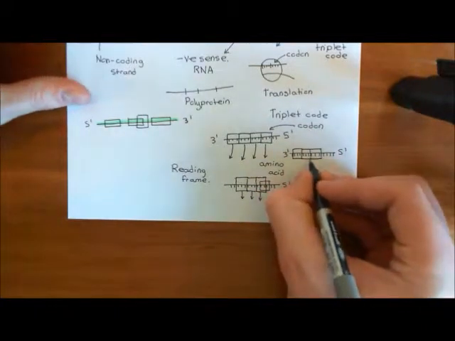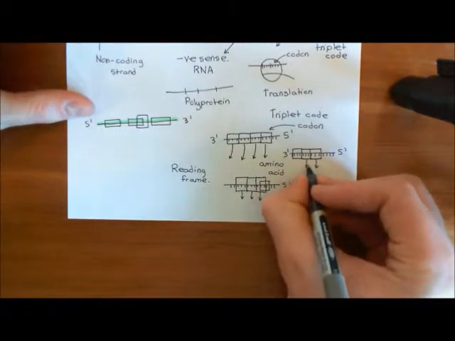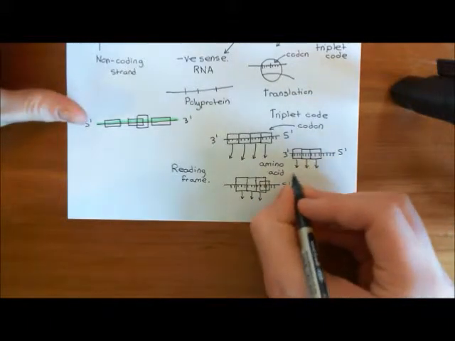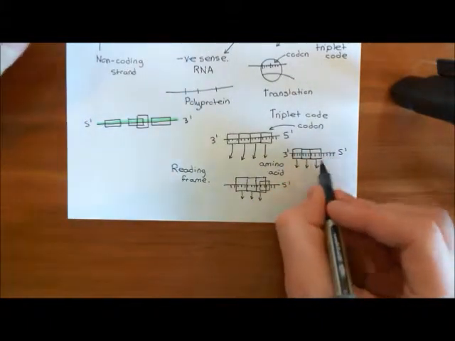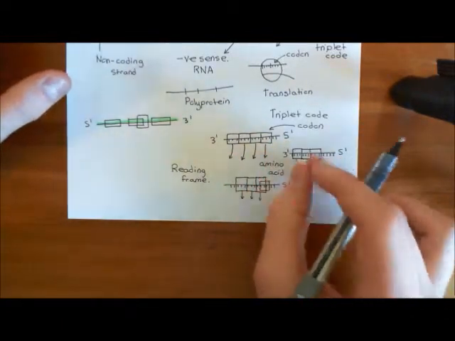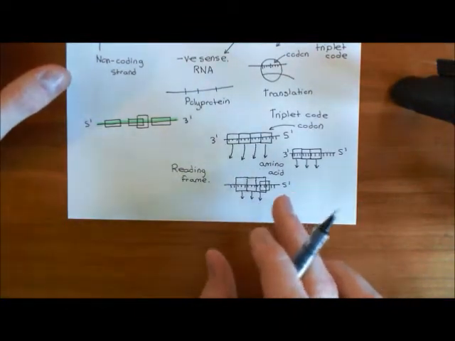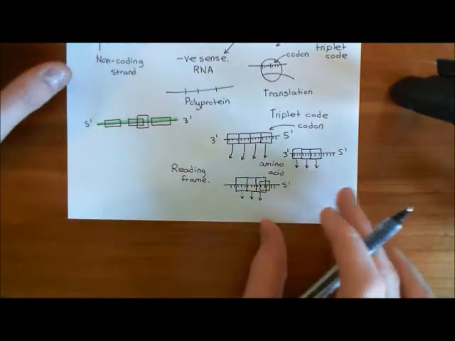Okay, so that again is another reading frame, and this will result in completely different amino acids again. So it will result in a completely different protein if you read in that reading frame. So the same piece of RNA could actually be read in totally different ways and could produce a totally different sequence of amino acids.